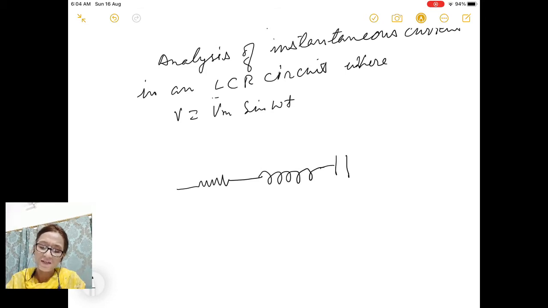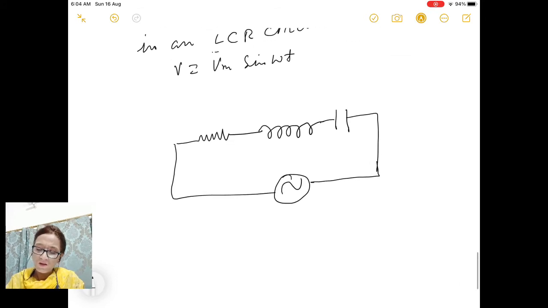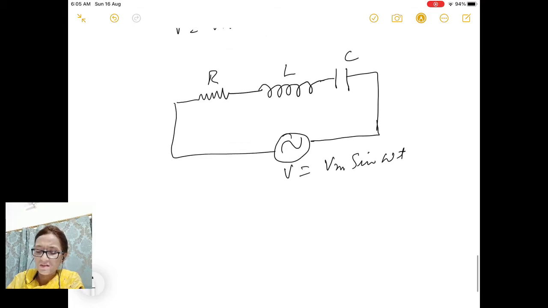It is your LCR series circuit. And then it is finally connected to an alternating voltage source with value V equals Vm sine omega t.